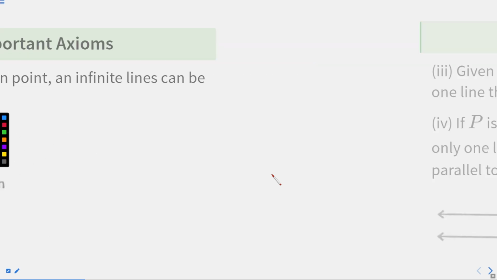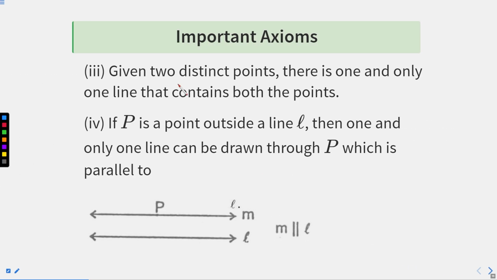Let's move to the next. The third axiom says, given two distinct points, let's say A and B, there is one and only one line that contains both the points. If you try to make a line passing through these two points, how many can you draw?